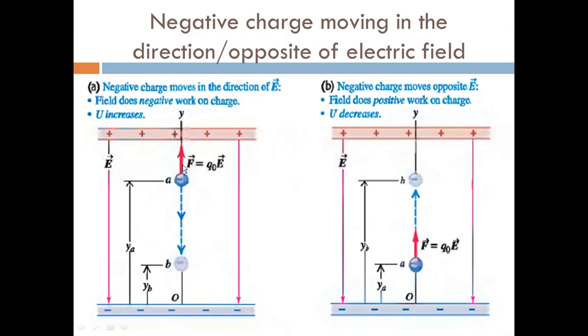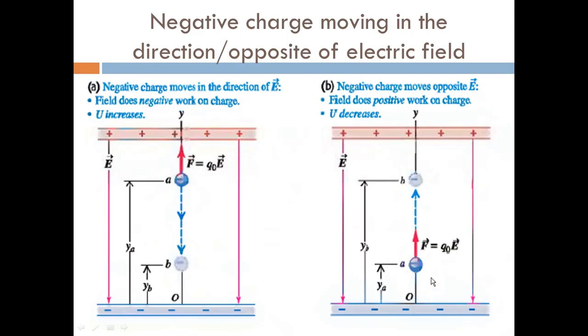Therefore, the work done on the object would be negative. That means the amount of potential energy increases since the force and the displacement are in opposition.